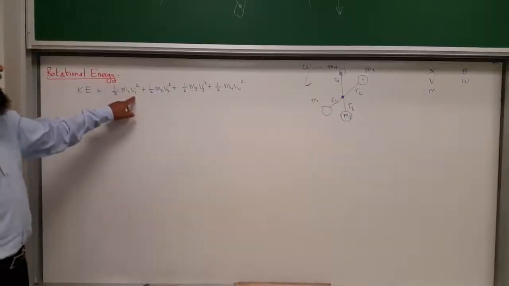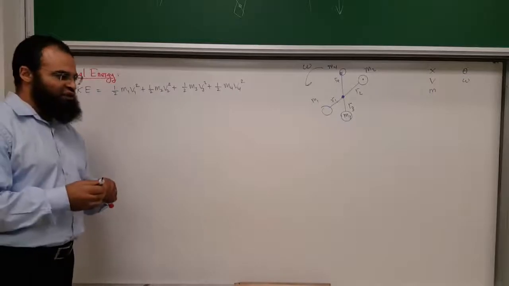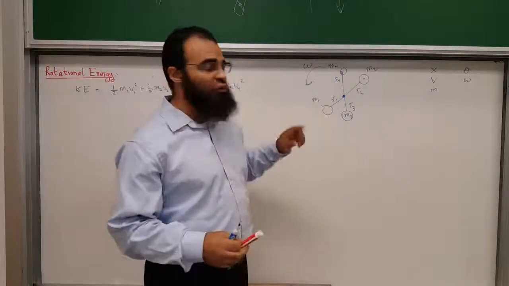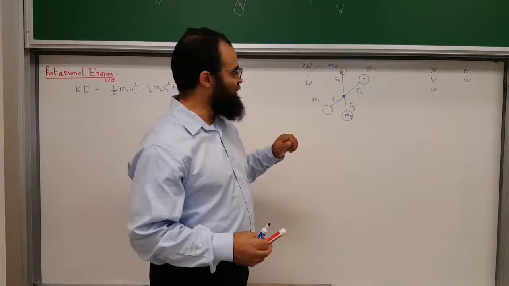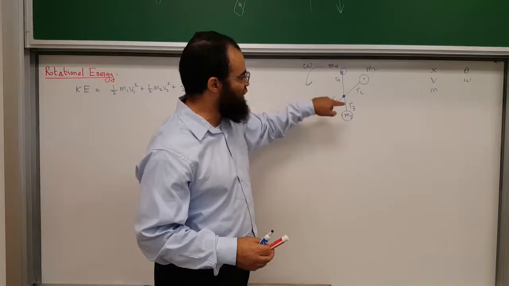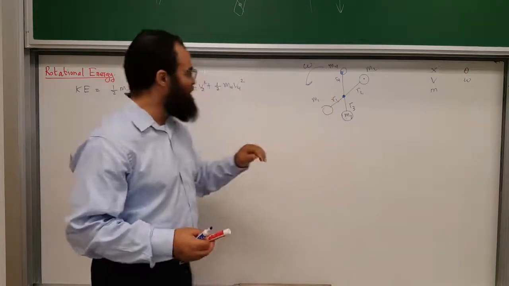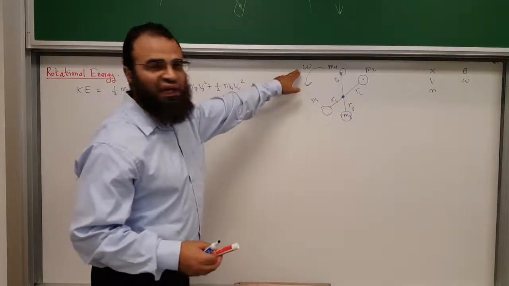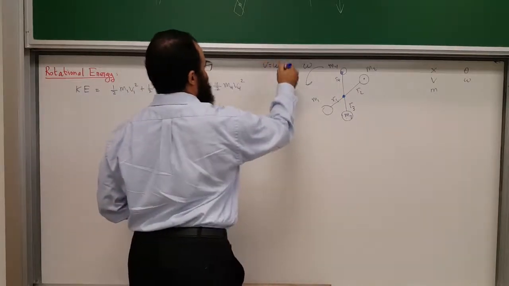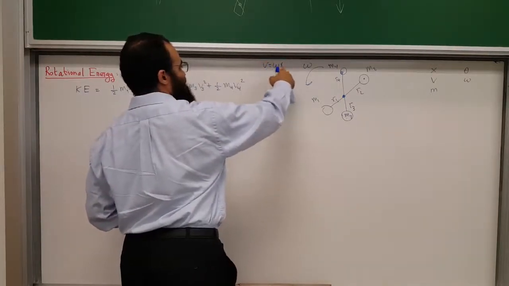Now, they have different speeds, because if you're farther away, you make a larger circle, so you're moving at a larger speed. If you're closer, you have to go around a tinier circle, so you have a smaller speed, but everybody has the same omega. And remember, V was equal to omega times R. So V1 will be omega times R1.